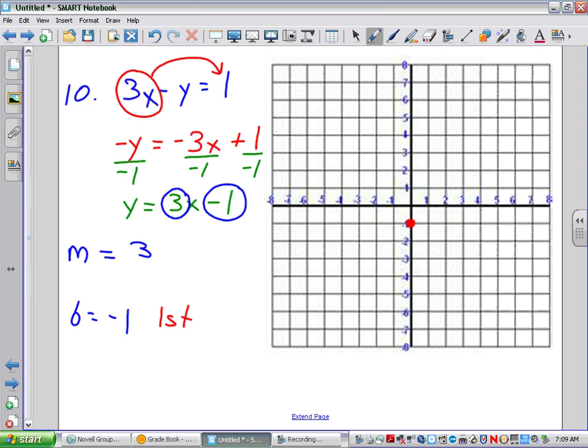My slope is 3, but I want that to be a fraction. So we do this little trick, 3 over 1, which tells me I need to go up 3 and right 1. So from my first point, up 3, 1, 2, 3, over 1, ends up right there. Draw your line in, and you're done.